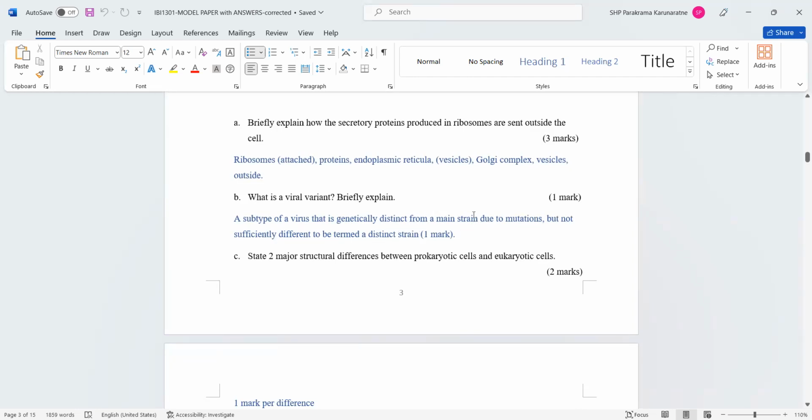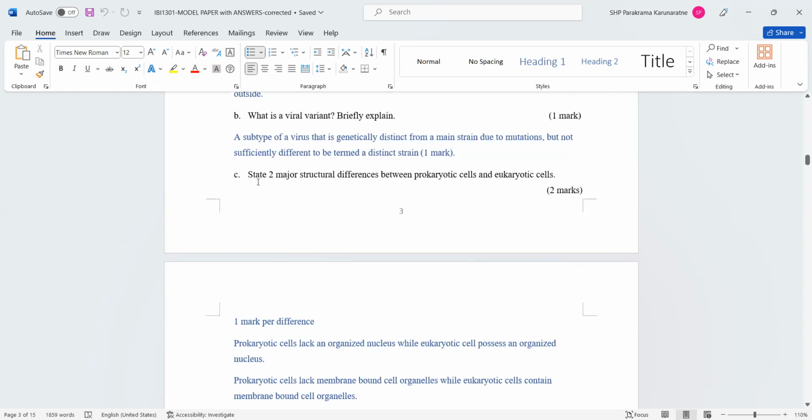We find variants in COVID-19; when new mutations come, it can be identified as a variant, right? Likewise, you can be questioned, and if you have written the correct answer, you will get 1 mark for that.